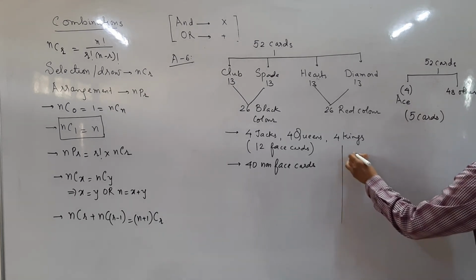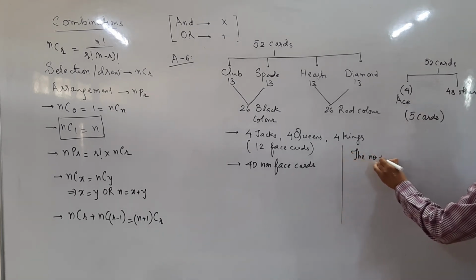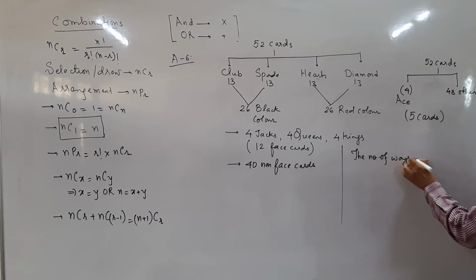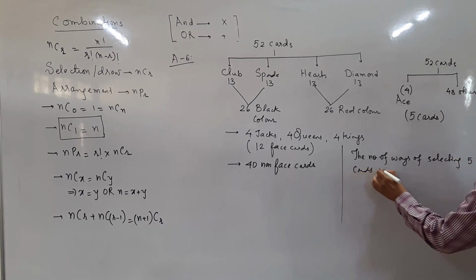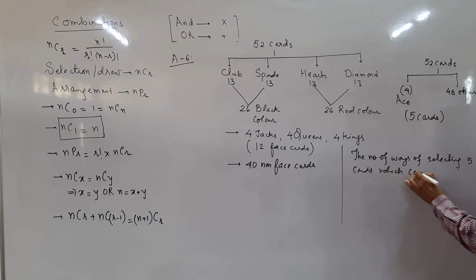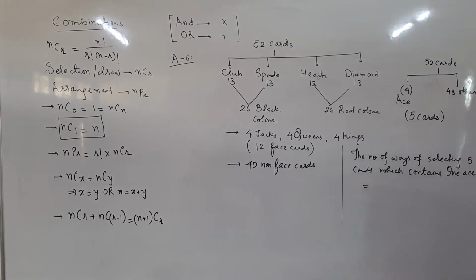I am writing the number of ways of selecting 5 cards which contains exactly 1 ace. This means we shouldn't have less than 1 or more than 1 ace.